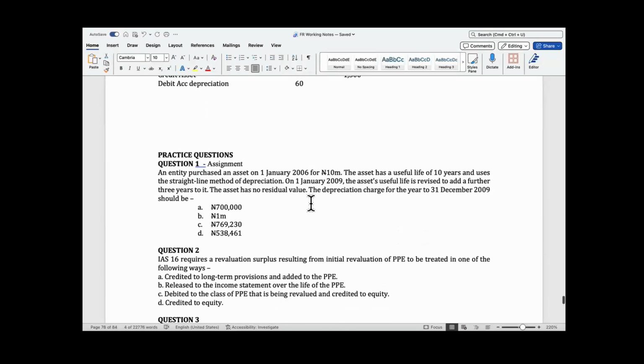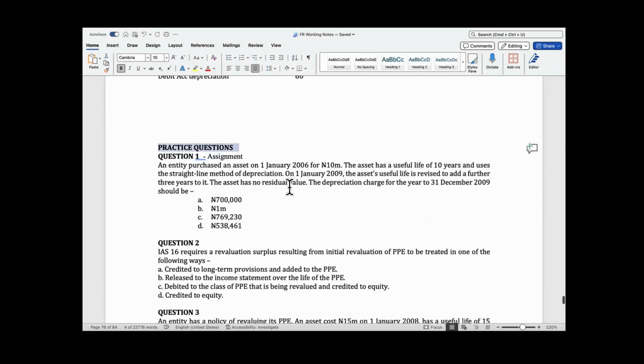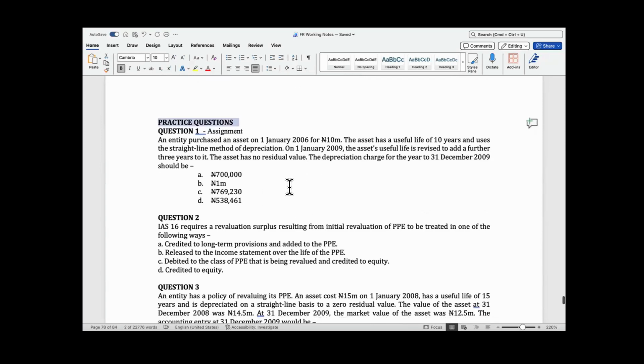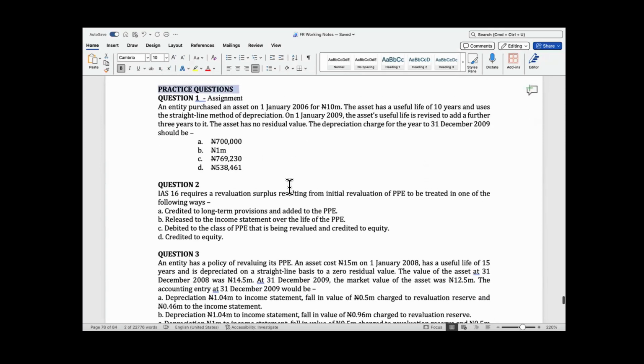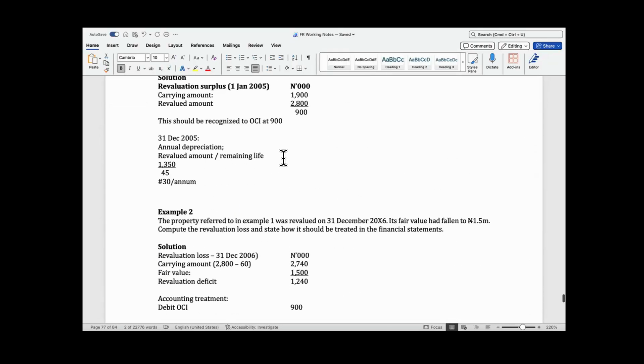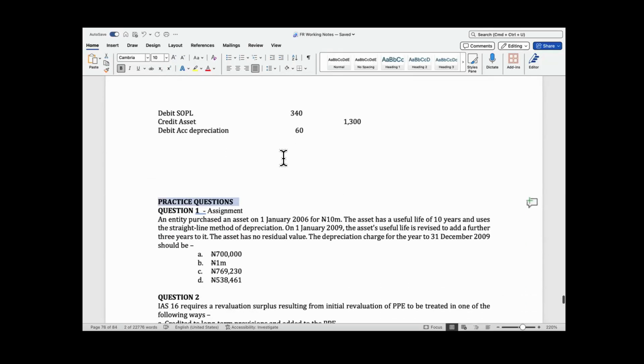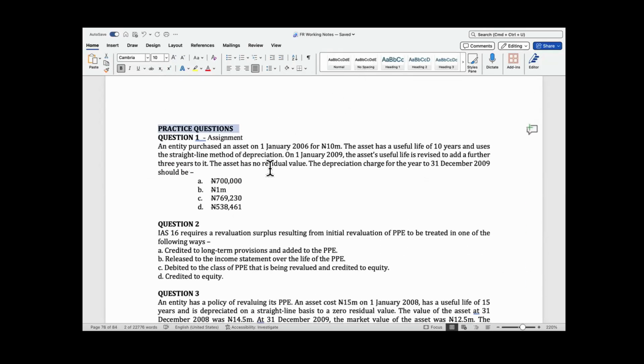And I gave you these practice questions as assignments, at least as far as I can remember. Two people submitted, Shidima and Fasheito. Shidima only submitted one; she did not attempt the other ones.